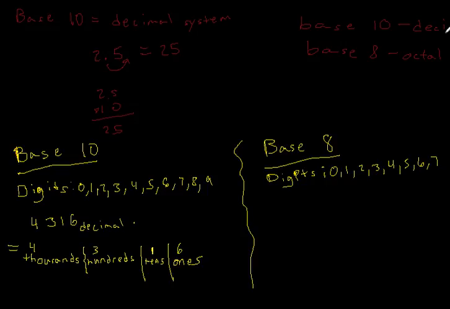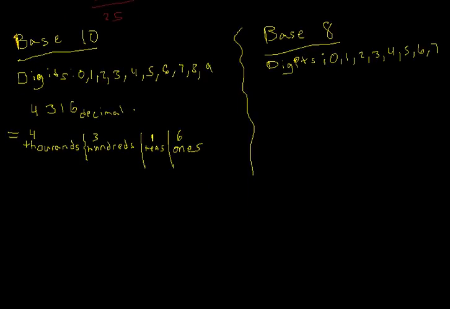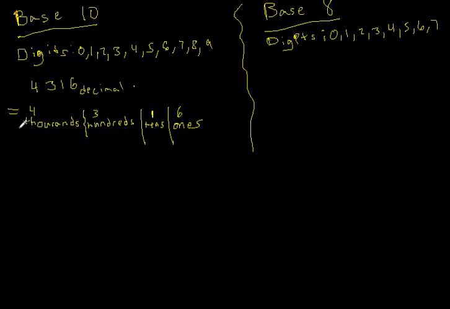I'm going to scroll the screen down a little bit just so we have a better view. Another way to think about this would be thousands in base 10, our decimal system, that would be 10 to the third power. 10 to the third power equals 1,000.